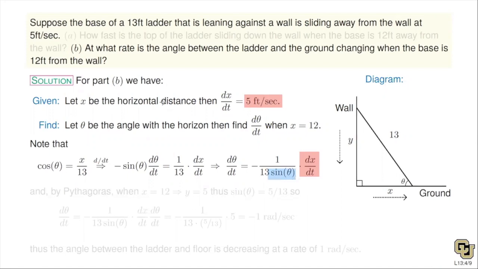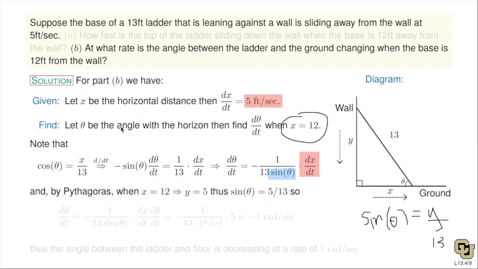In general, the definition of sine, so sine theta would be opposite over hypotenuse. So sine theta would be y over 13. And now, I don't know y, but I do know x. I know x is 12.